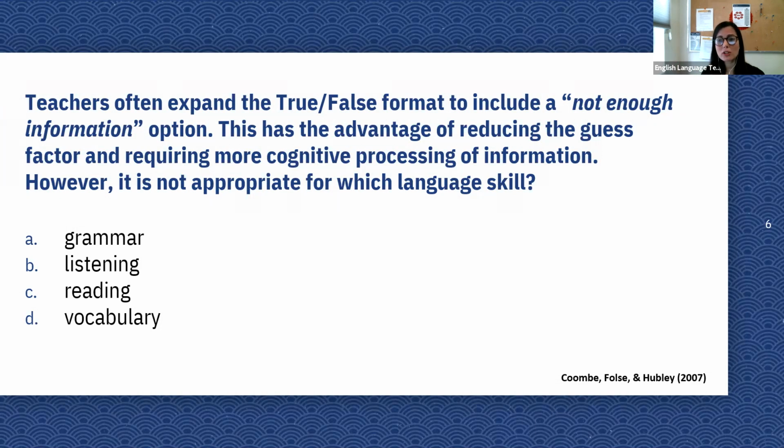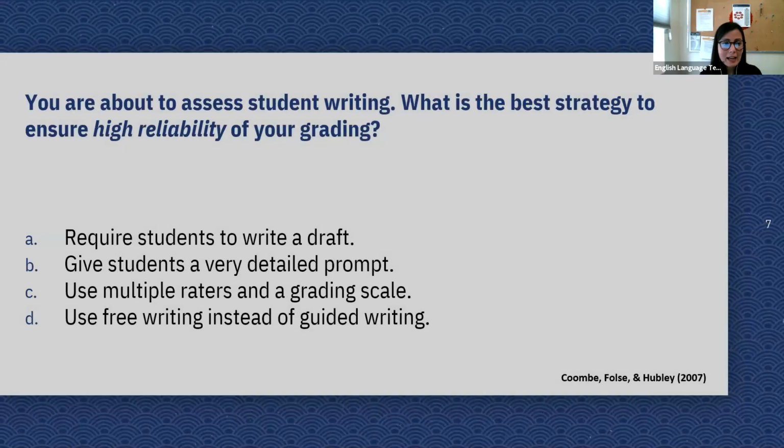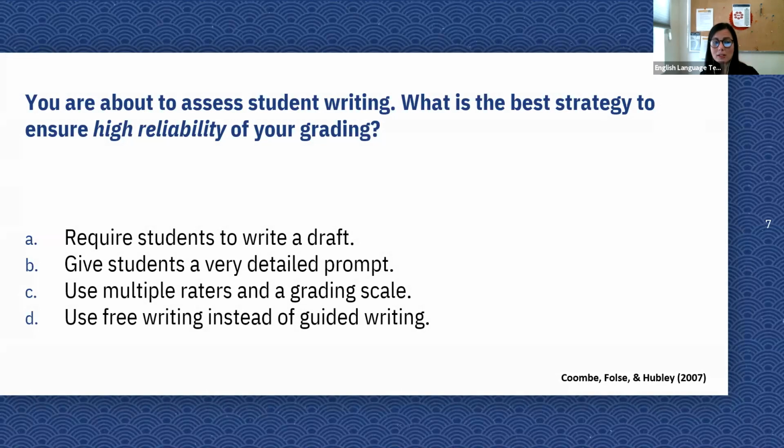So research has shown that including a not enough information option to listening tasks in which you are writing true or false items can be more demanding of the test takers and not necessarily making the task more challenging, right?